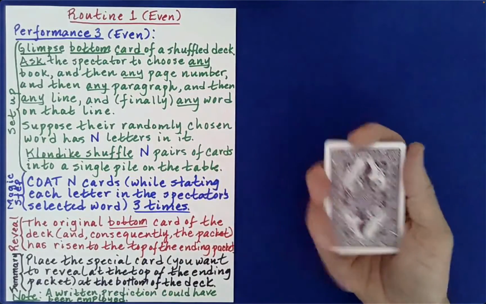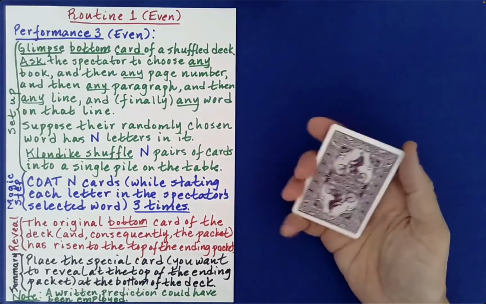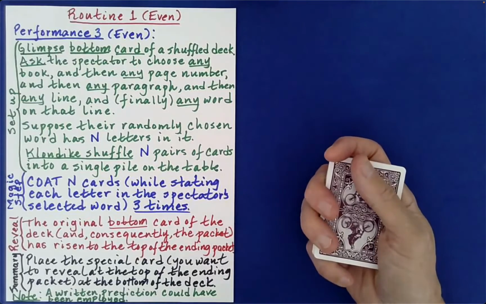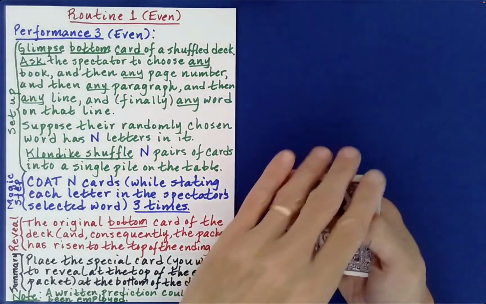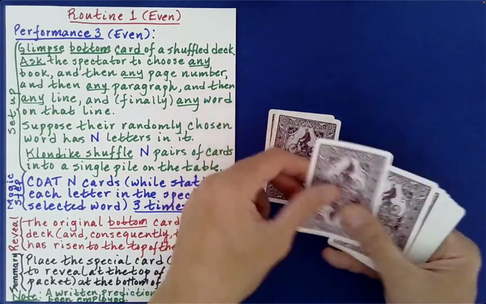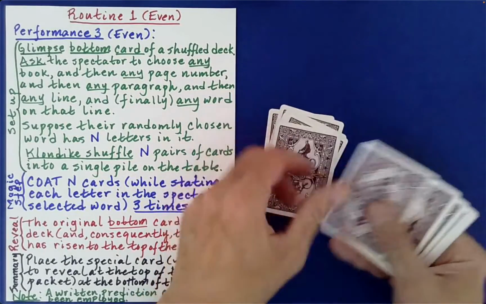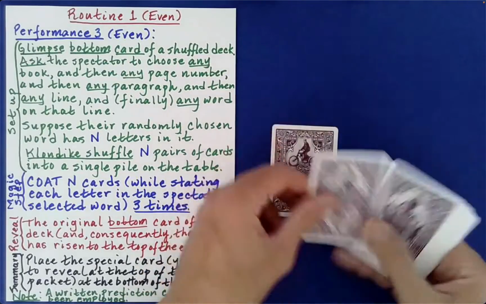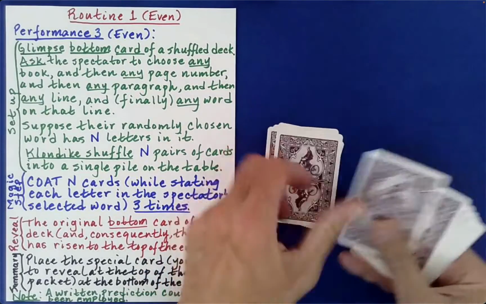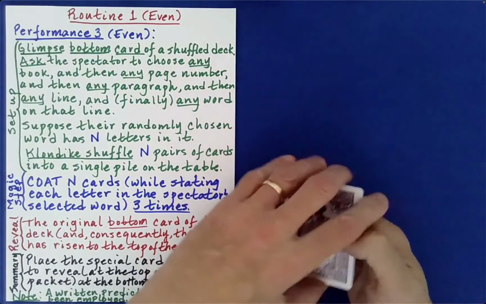And now what we're going to do is spell out that random word that you just chose 3 times. R-E-S-U-L-T-S, results, spelled out once. R-E-S-U-L-T-S, a second time.